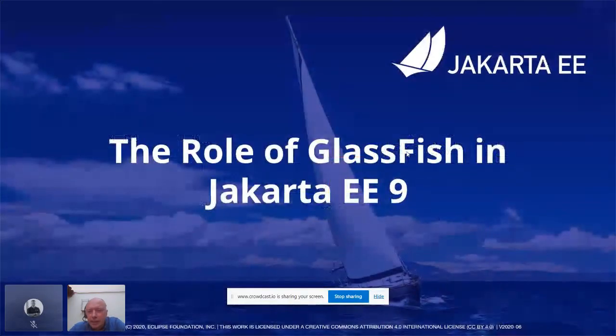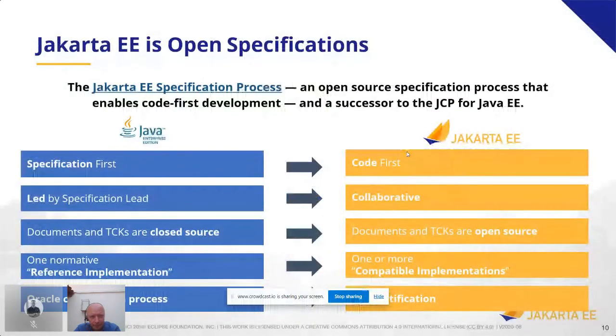So where does GlassFish sit within Jakarta EE? Because previously in Java EE, GlassFish was what was called a reference implementation. And reference implementations don't exist in Jakarta EE. So the big difference really, as I said, for Jakarta EE is it's a set of open specifications. As it's shown on here, Java EE had one normative reference implementation.